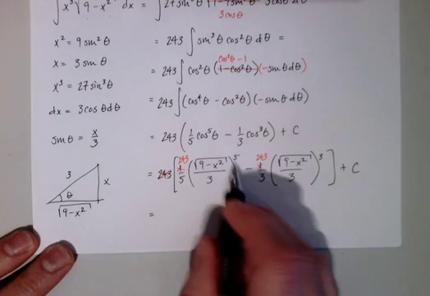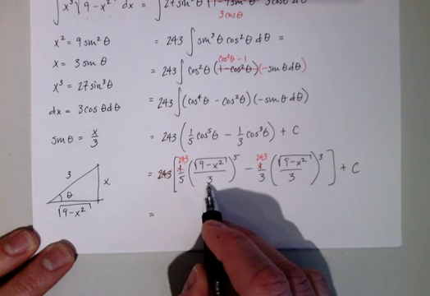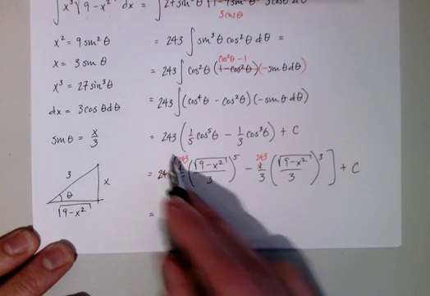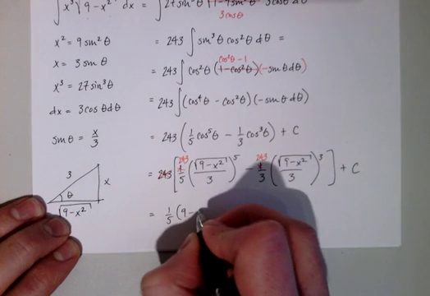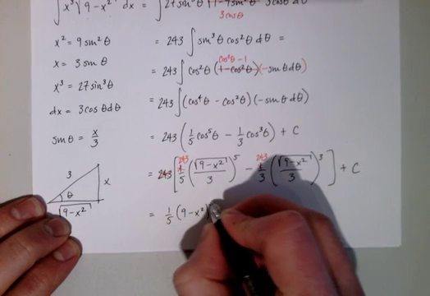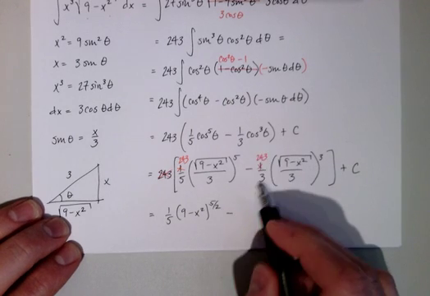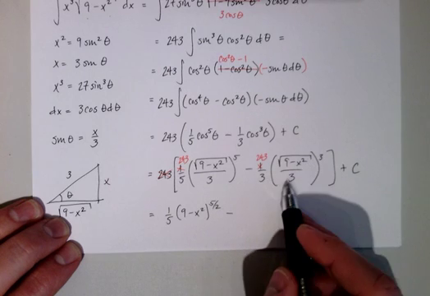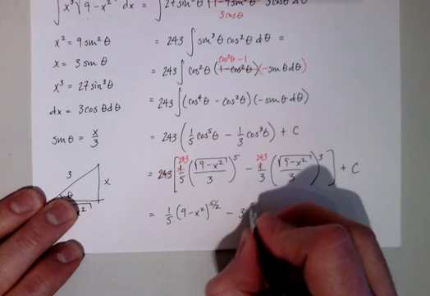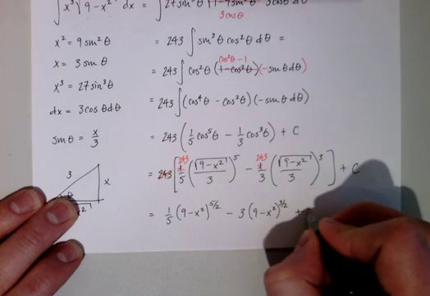Well, when I raise this to the 5th, I recognize the denominator is going to be 243. 243, 243, they cancel out, and what I'm going to get is 1/5, 9 minus x squared to the 5 halves. And what I'm going to get here already reduces, by the way, to 81. 81 is going to be divided by 3 to the 3rd, which is 27. And so that winds up being 9 minus x squared to the 3 halves plus c.